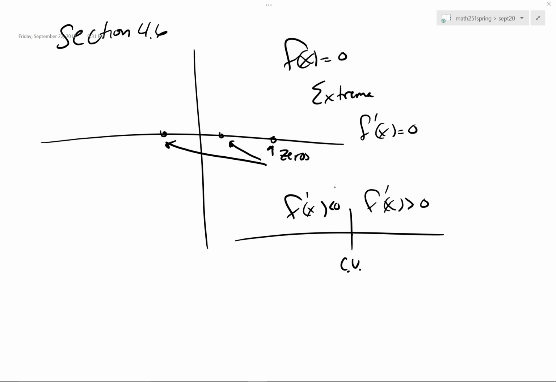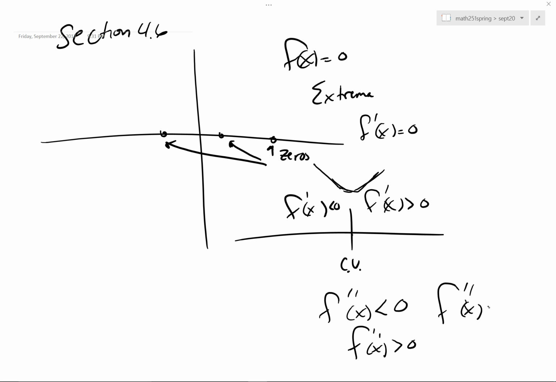If that's true, that means it was coming down and then going back up. That means this guy was a minimum. So where is it concave up, or where is it increasing or decreasing? We're going to look for where it is concave up or concave down. Obviously points of inflection are where the second derivative is equal to 0.